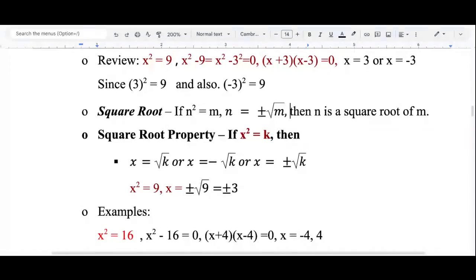So n is the square root of m, but could be positive, could be negative. So if x squared equals k, then x equals a positive or negative square root of k, right? So x squared equals 9. X is the square root of 9, positive or negative. So positive, negative 3. 3 squared is 9. Negative 3 squared is also positive 9.